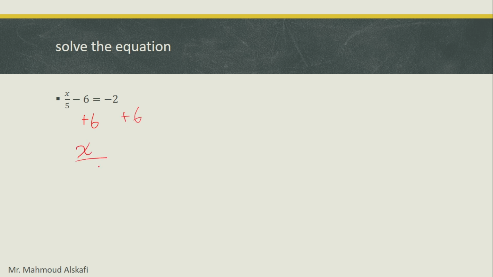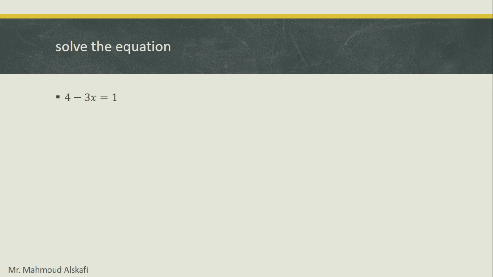That gives me x fifths equals minus 2 plus 6 equals 4. After that, multiply both sides by 5. So multiply by 5, multiply by 5, x equals 20.